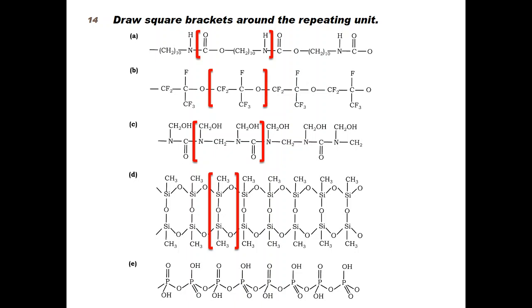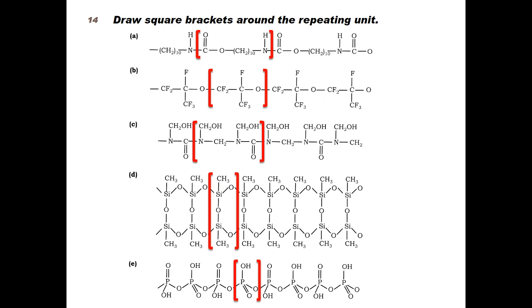Phosphate. Polyphosphine, is that what it's called? If you start after the oxygen, there are so many oxygens. Any oxygen is fine. If you start after, you need to also end after, super consistent.